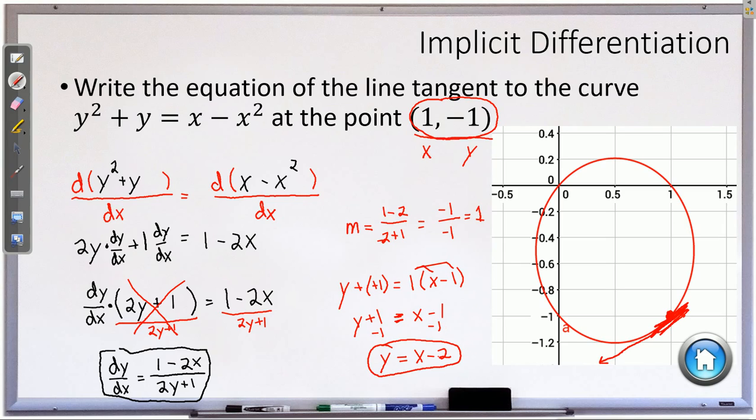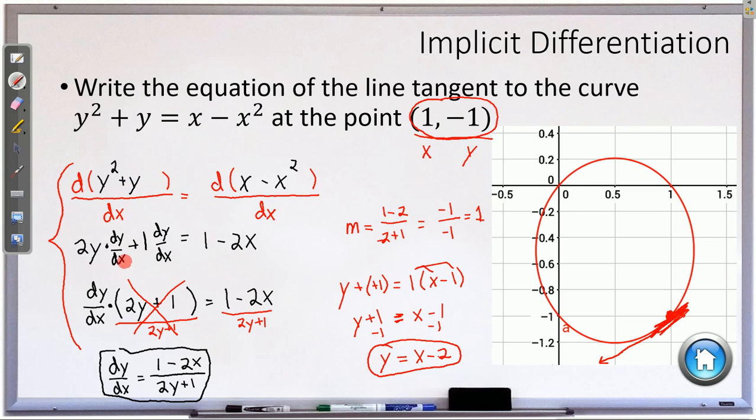With our equation. All right, but hopefully that wasn't too confusing. We've done tangent lines before. You need your slope, you need your point, and so you can just use algebra 1 there to get it. The new stuff comes over here. Taking the derivative of both sides. Make sure you add your dy/dx's whenever you need to, whenever the variables don't match.